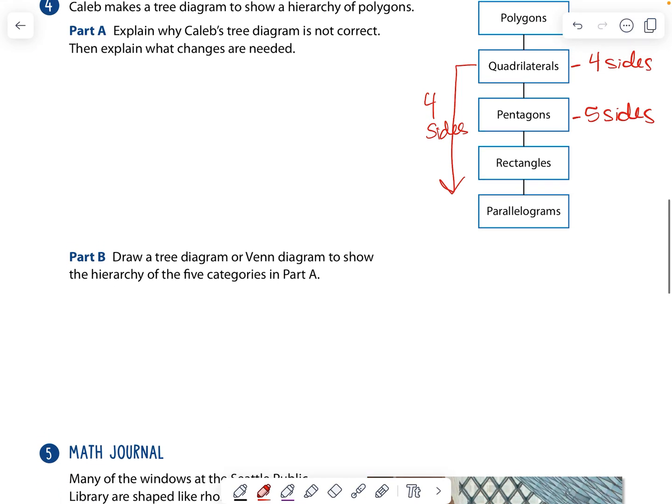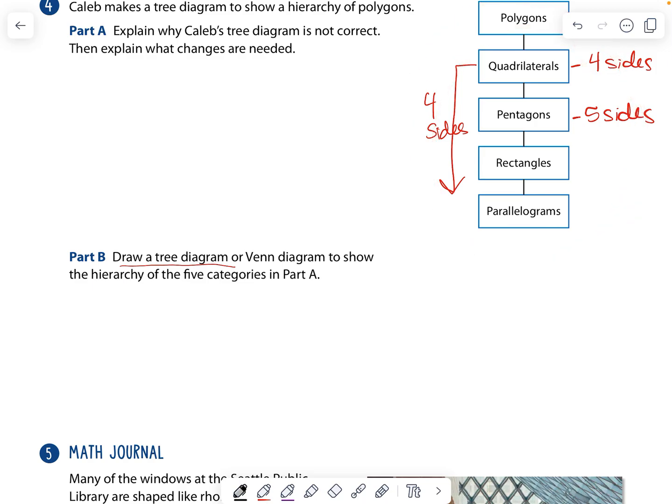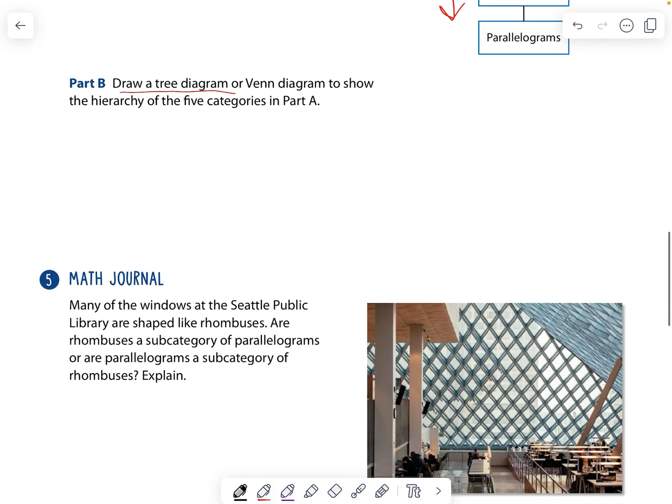This one wants us to draw a tree diagram or Venn diagram to show the actual categories for these ones. So I'm going to start with polygons. That's going to be my overall. And then we name how many sides they have. So like pentagons have 5 sides.